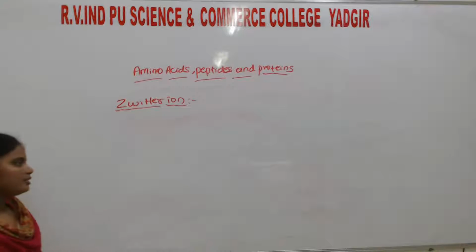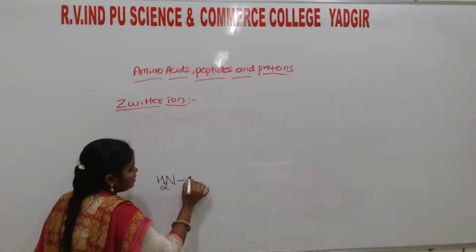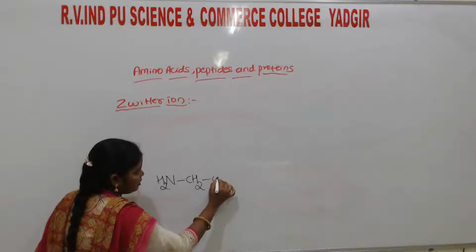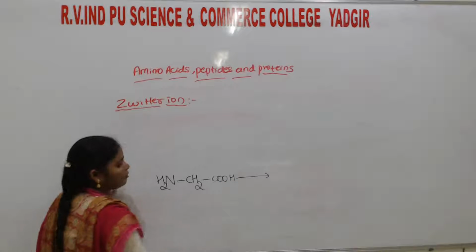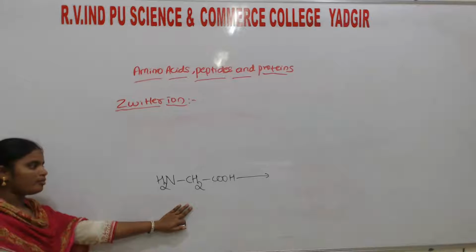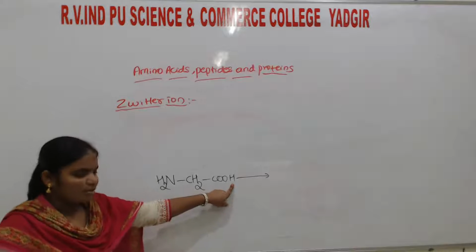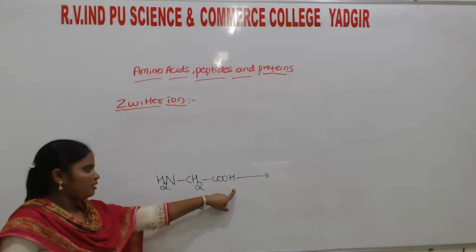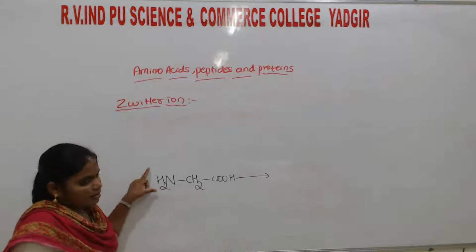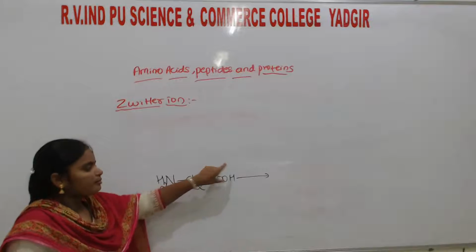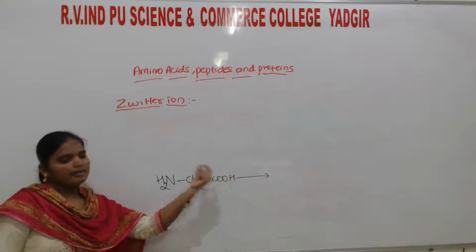See here, NH2CH2COOH, when dissolved in water, the carboxyl group loses a proton and the NH2 group accepts a proton. It loses here and accepts here, and it gets a positive charge and a negative charge.